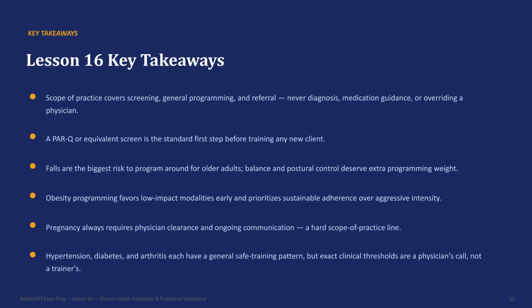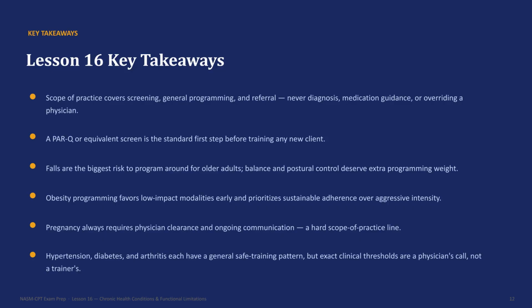Let's bring it all together. Scope of practice covers screening, general programming, and referral. Never diagnosis, medication guidance, or overriding a physician. A PAR-Q, or equivalent screen, is the standard first step before training any new client. Falls are the biggest risk to program around for older adults. Balance and postural control deserve extra programming weight.